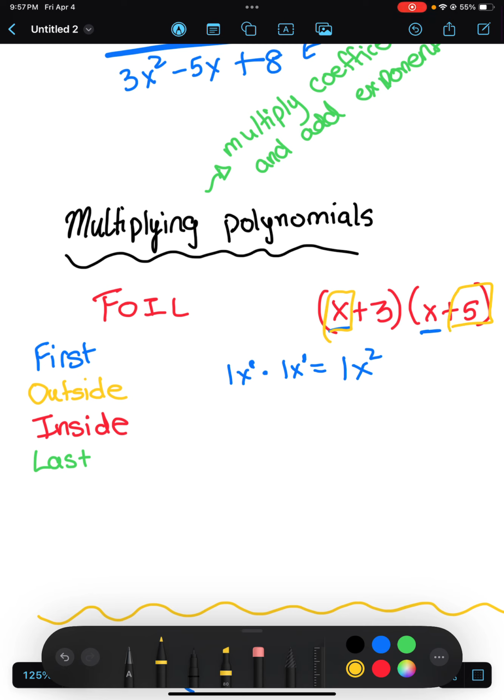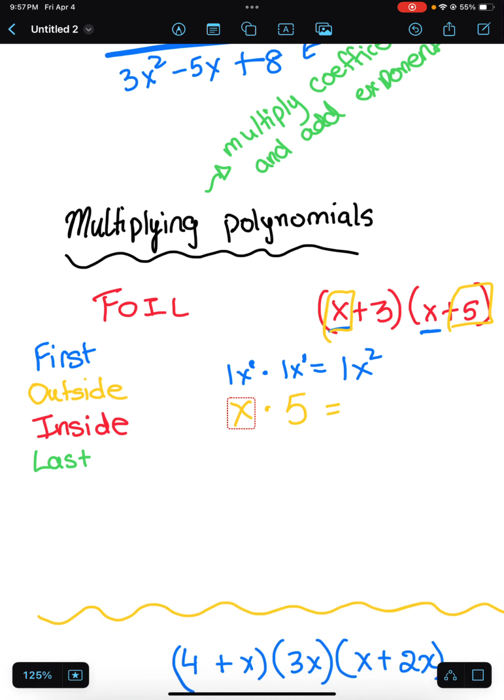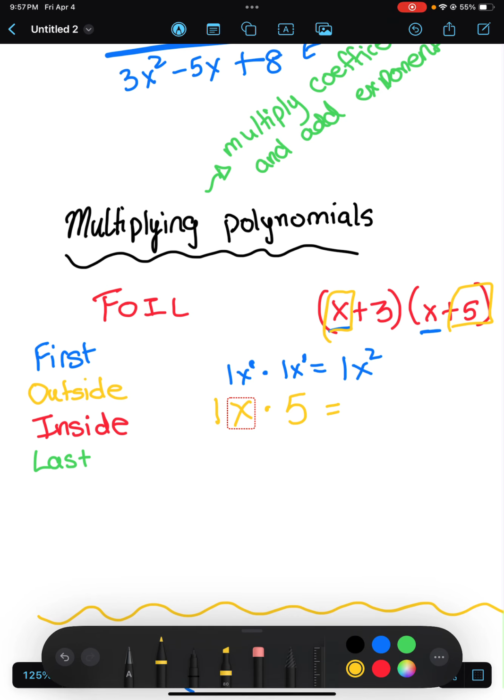So the two outer ends. So that's going to be x times by 5, which is just going to be, there's a 1 here. 1 times 5, and this has x to the power of 0. 1 times 5 is 5, x times x to the power of 0, or literally just 0. That's just going to be x, okay?